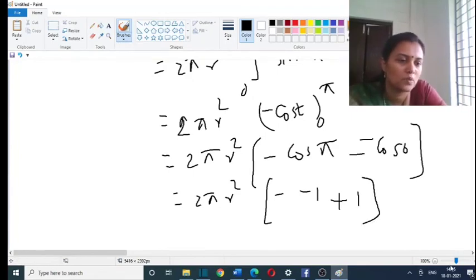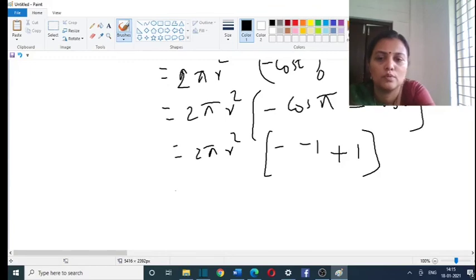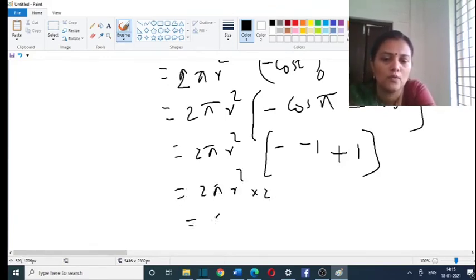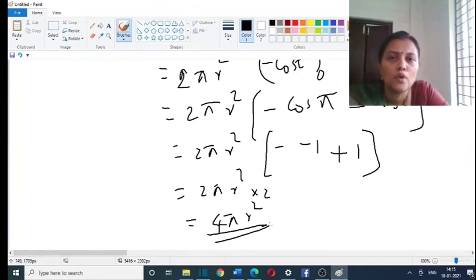So 1 plus 1, 2 pi r square into 2, which is equal to 4 pi r square. Therefore area of sphere is equal to 4 pi r square.